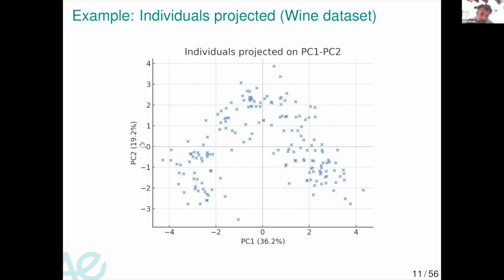And on the second one, you have 19%. So with just two components, you have more than 50% of the information of the whole dataset. And if we look at the location of the individuals, we could see that maybe there are some clusters that seem to appear on these two components. So these clusters could mean that some wines share some global trend.